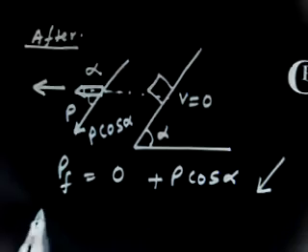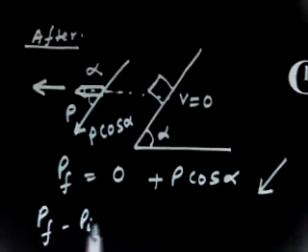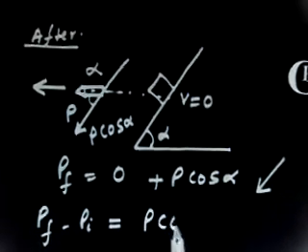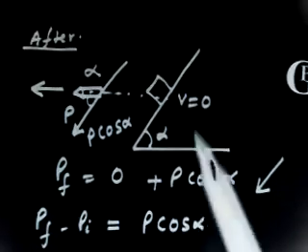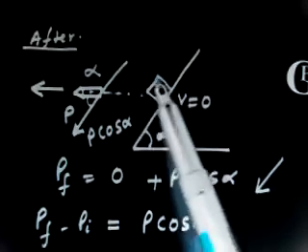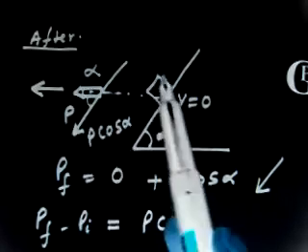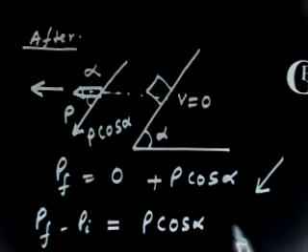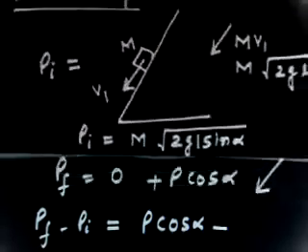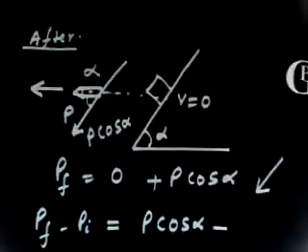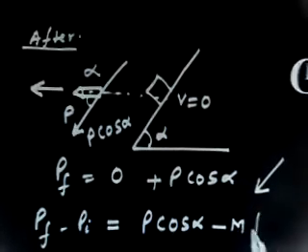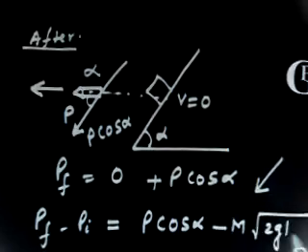What is the change in momentum? That is p final minus p initial. P final is p cos alpha. So momentum of this block, the cannon, is p cos alpha plus 0. So finally p cos alpha minus initial momentum we have already calculated, that is m times under root 2gL sine alpha.